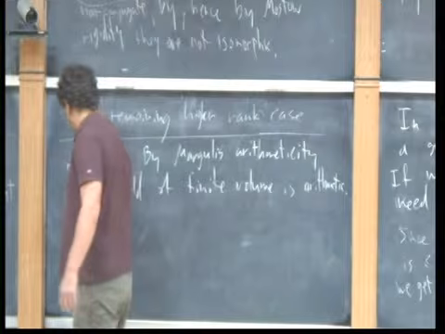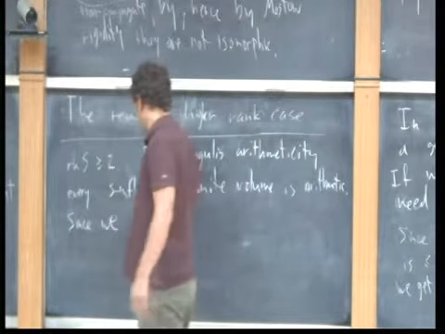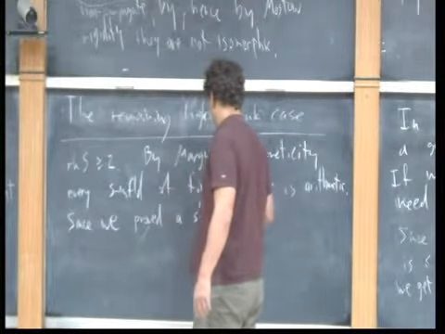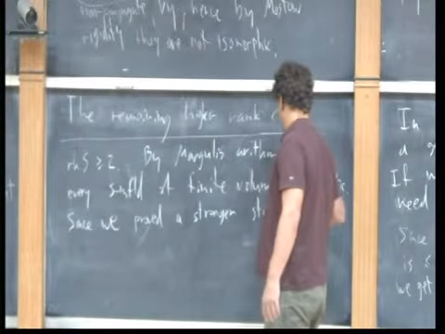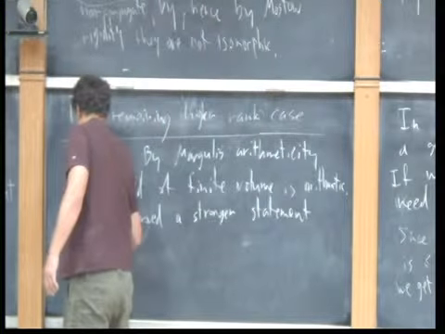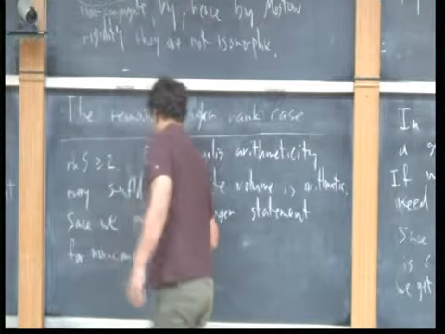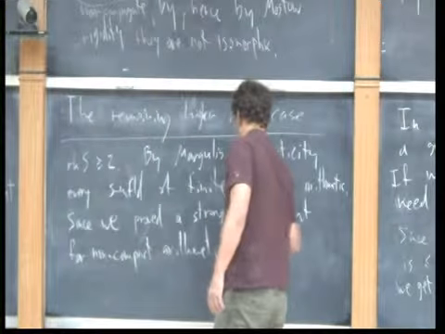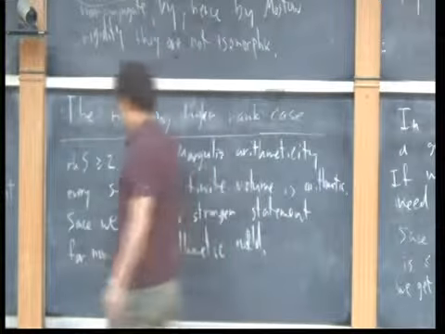Since we proved a stronger statement for non-uniform, for non-compact arithmetic manifolds, we may assume that we now have to take care only of the complex cases.